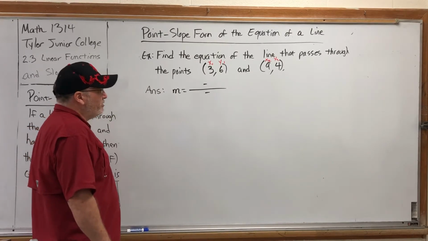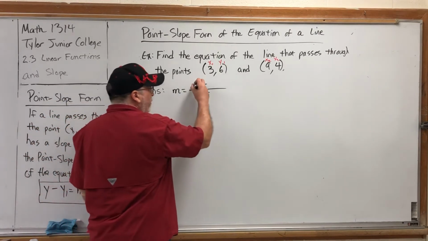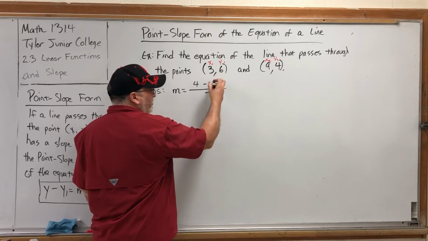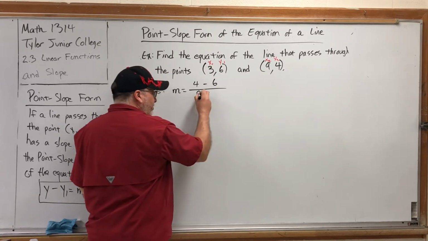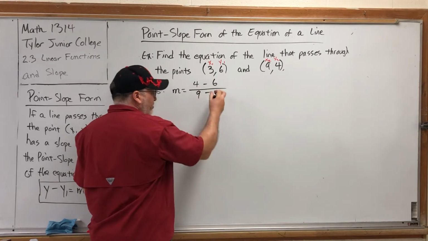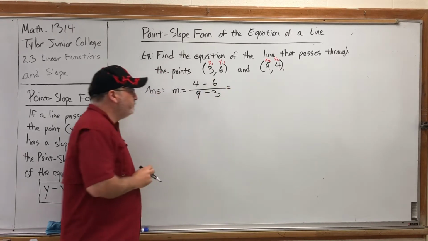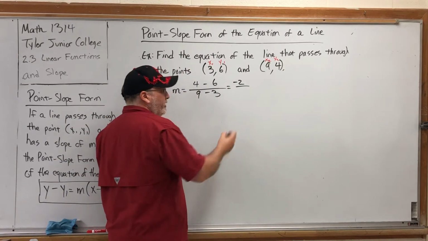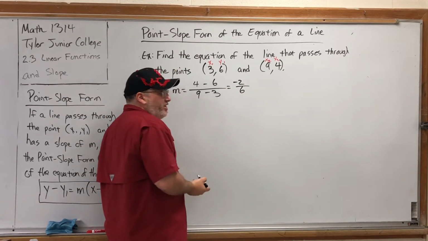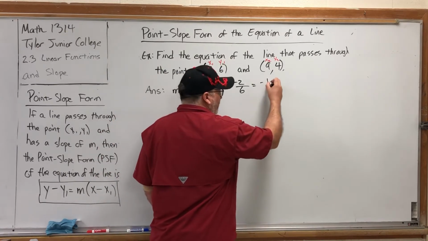Let's see what the slope is. Second y is 4, minus the first y is 6 in the numerator. Second x is 9, first x is 3 in the denominator. In the numerator we get -2. In the denominator we get 6. It'll stay negative, but it will reduce to -1/3.